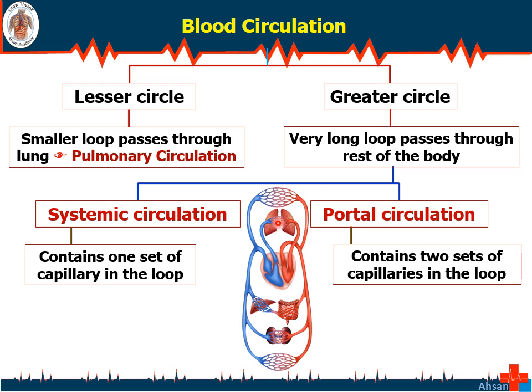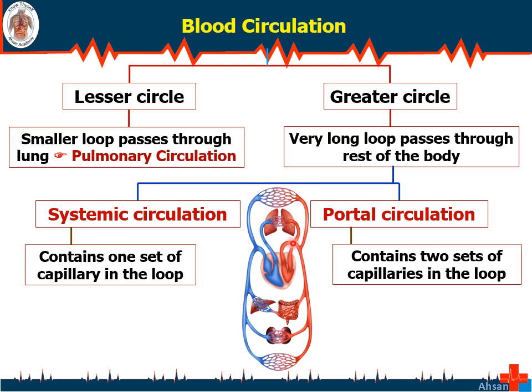From the heart, the blood is going to the lung and it is oxygenated, carbon dioxide is eliminated, then it is returning back to the heart again. So this circulation is the pulmonary circulation, and it is lesser in structure. It is a smaller one. Now blood is going from the heart to different parts of the body.